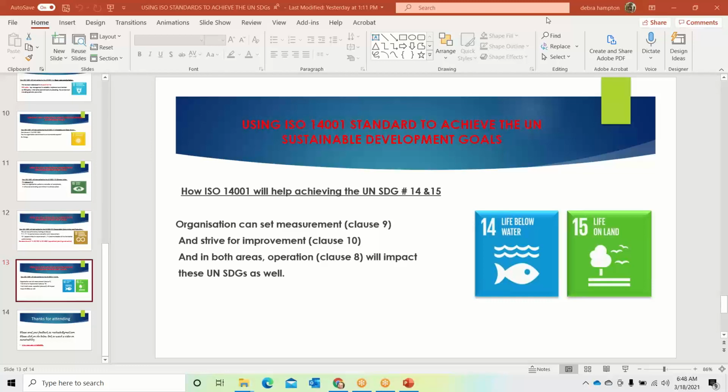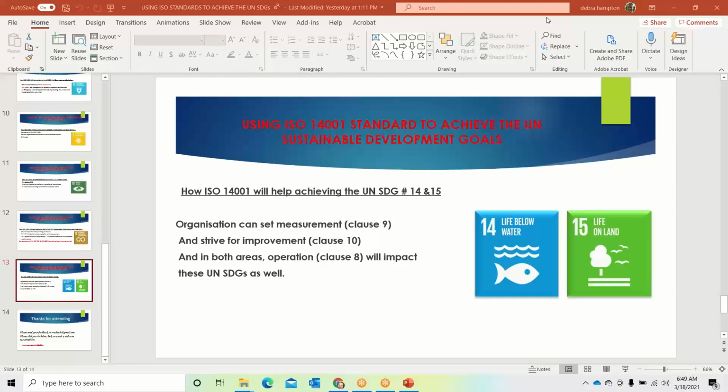Again, looking at their operational activities, what is the impact of these operations on land or on water?